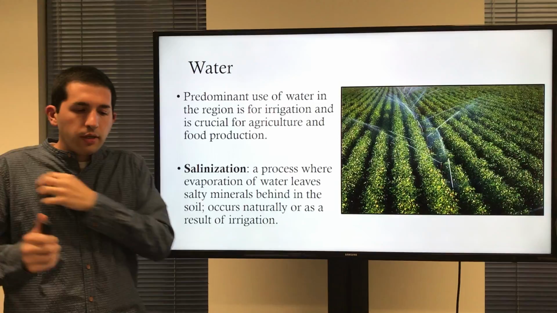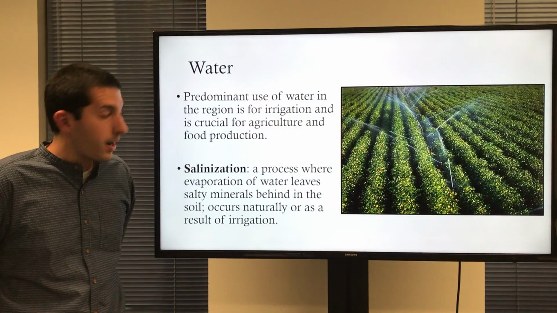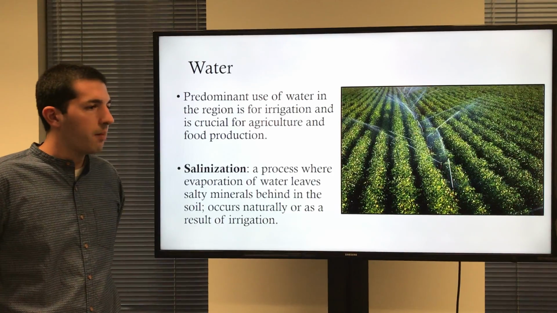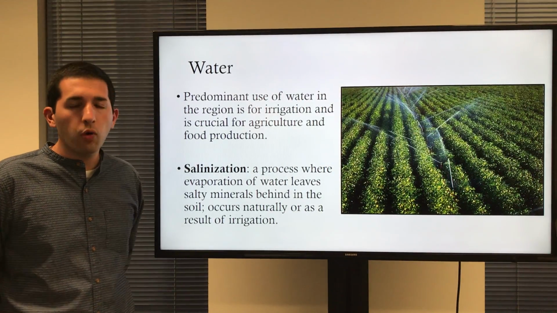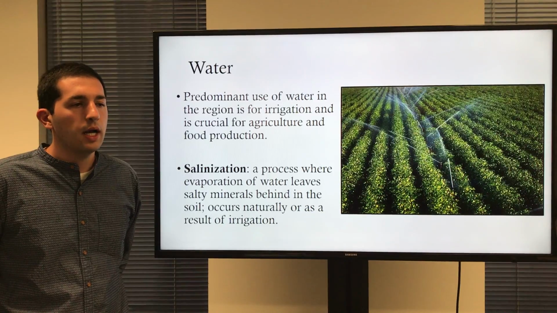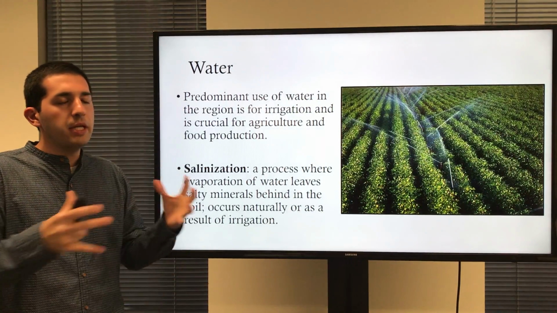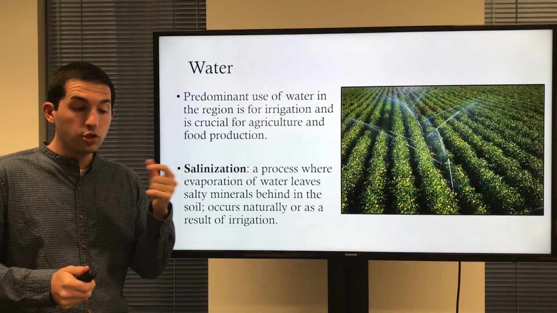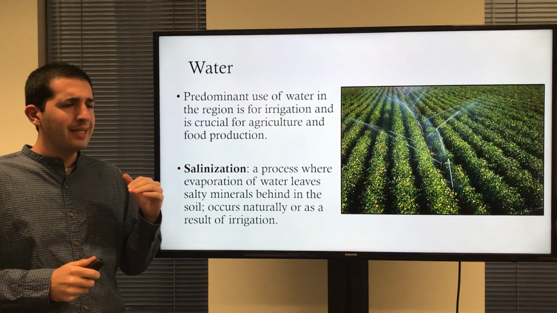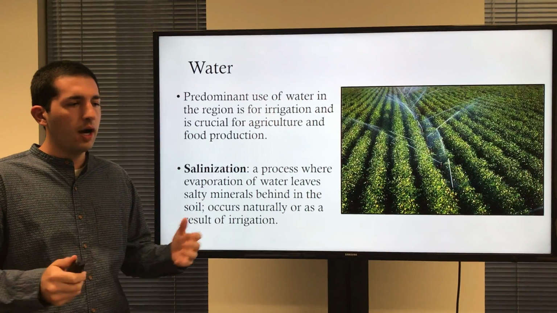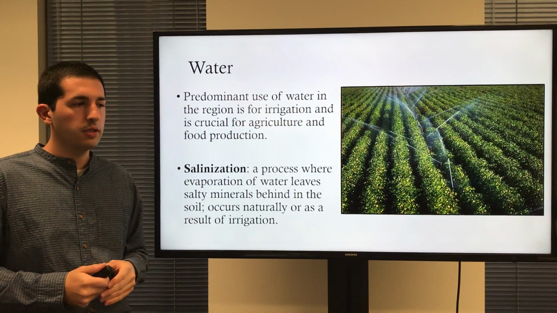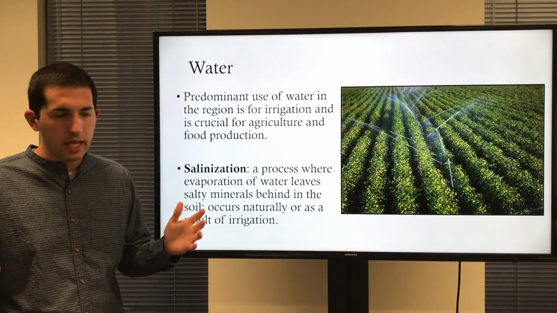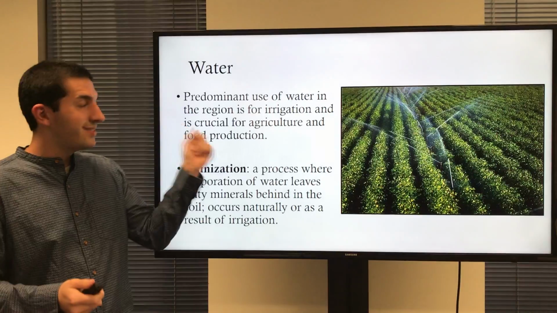Water. Predominant water use in this region is for agriculture and food production. Agriculture and food production are pretty related, but not really important to the general GDP, GNP of a country. For instance, in Tunisia, as an example, 9.5% of their economy relies on agriculture, but meanwhile, 80+% of their water use is dedicated to it.